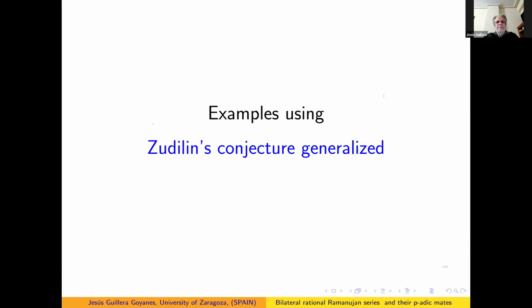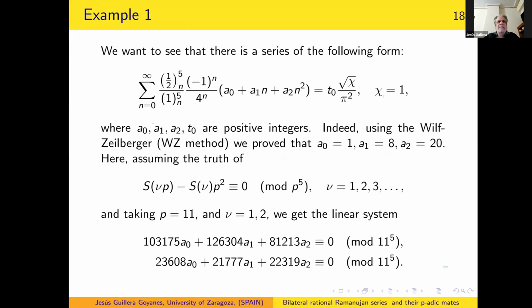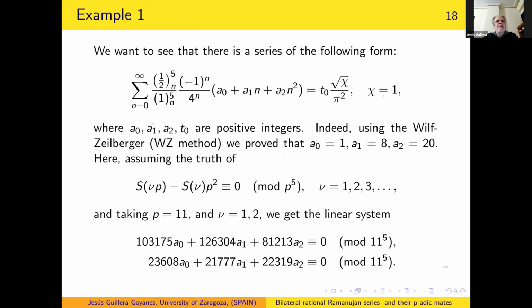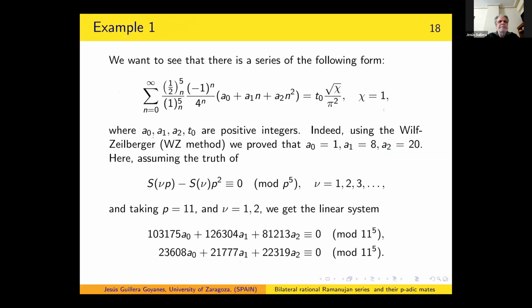With only Zudilin's conjecture, we could not give these examples because they need different values of nu in order to have congruences modulo the same power of prime. And here is our first example.